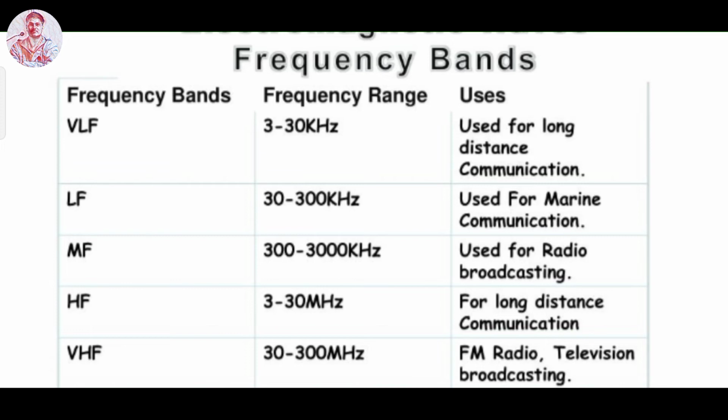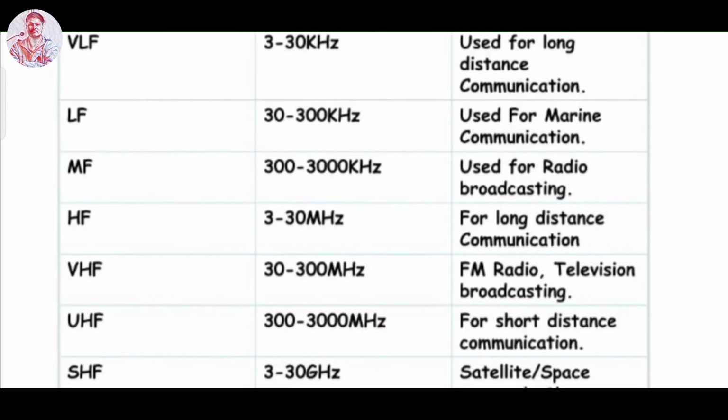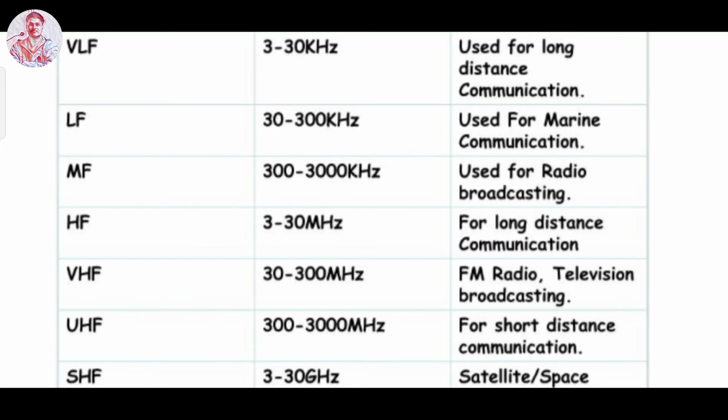The very high frequency band ranges from 30 to 300 MHz. In this band we use FM radio and television broadcasting. These are the main uses of the very high frequency band. The ultra high frequency band ranges from 300 MHz to 3000 MHz, used for short distance communication.